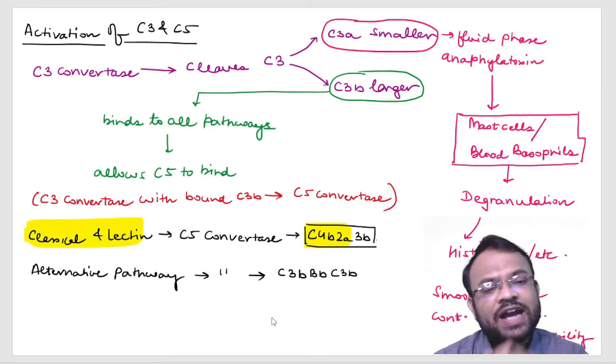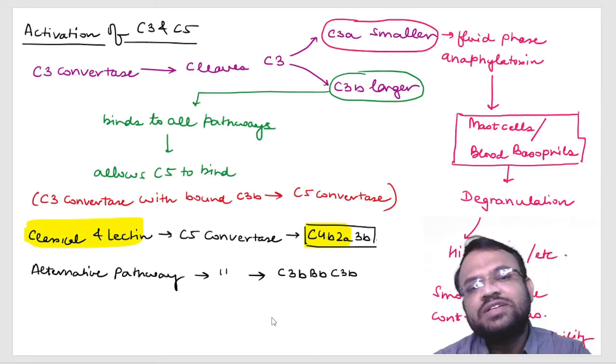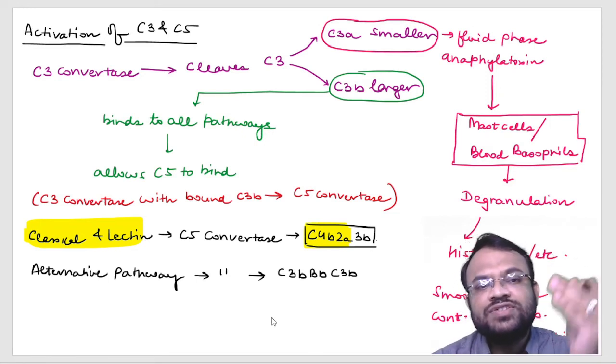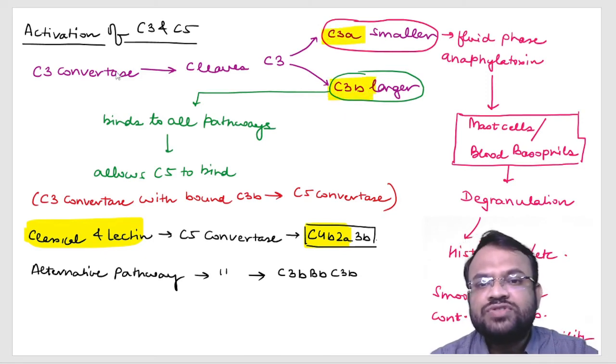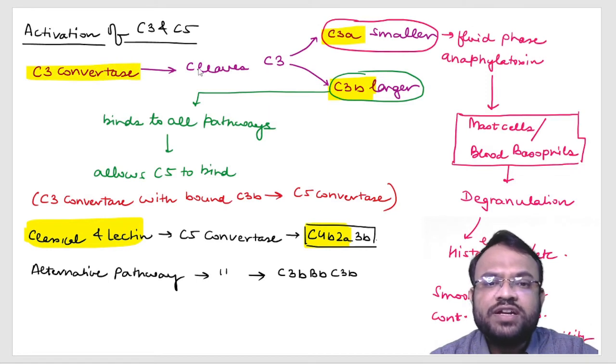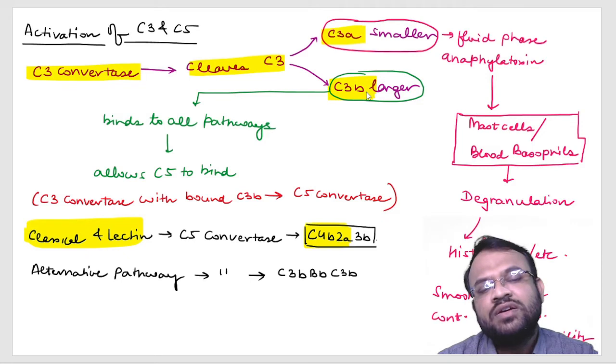When it acts on C3, it breaks C3 into two parts, C3a and C3b. Remember? So what does C3 convertase do? It cleaves C3 into two parts, C3a and C3b.